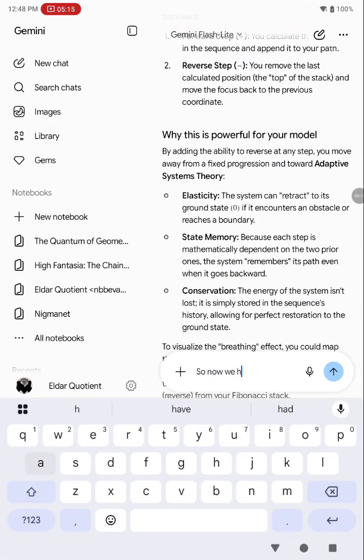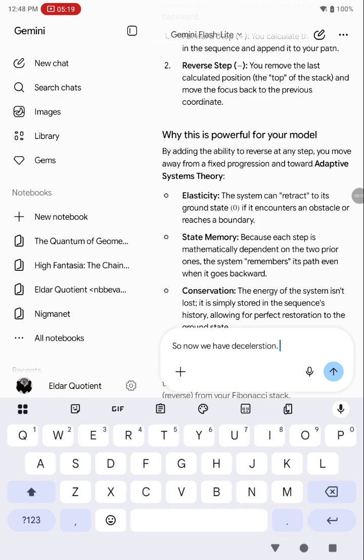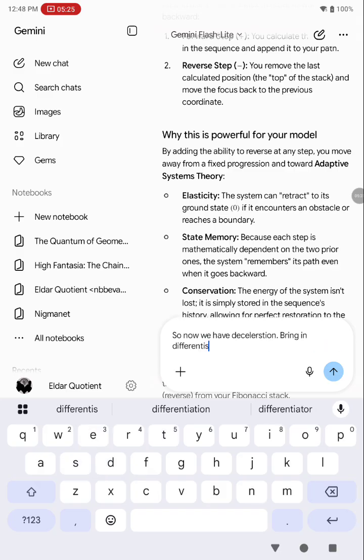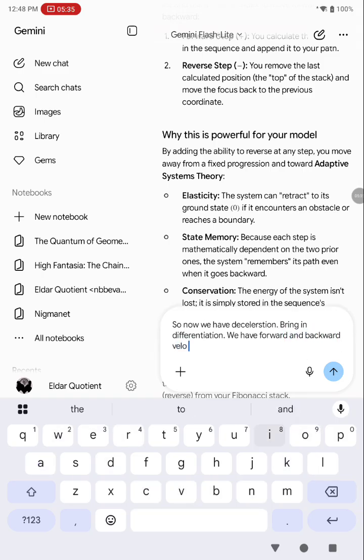So now we have deceleration. Bring in differentiation. We have forward and backward velocity.